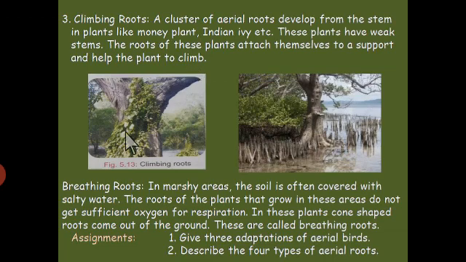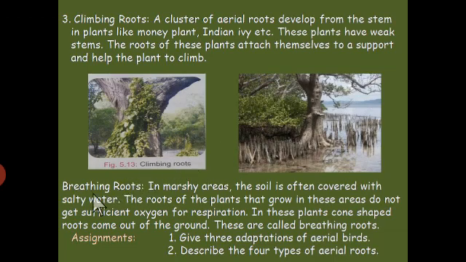As these plants have weak stems, their climbing roots help the plant to climb to a support nearby. As you can see in the picture, the roots of this plant have taken the support of another tree to climb on the tree.